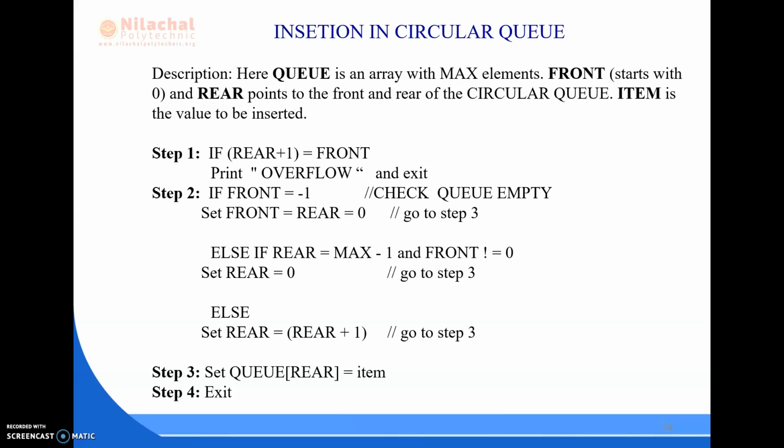Insertion at the first position means the front and rear will be the same value, the initial value, that is the 0th position. This checks that the queue is empty and we can do the insertion at the very first place of the array.